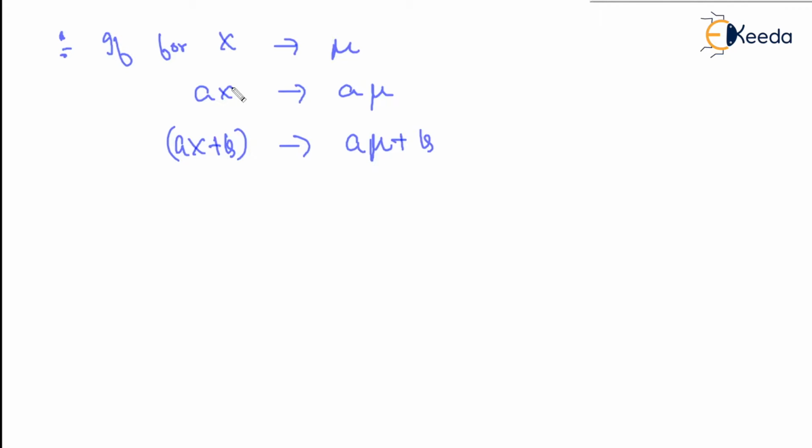Right? If the mean for x is mu, a times x, which is scalar multiplication, will give the scalar multiplication of the mean. And if it is ax plus b, the mean is going to be a times mu plus b.